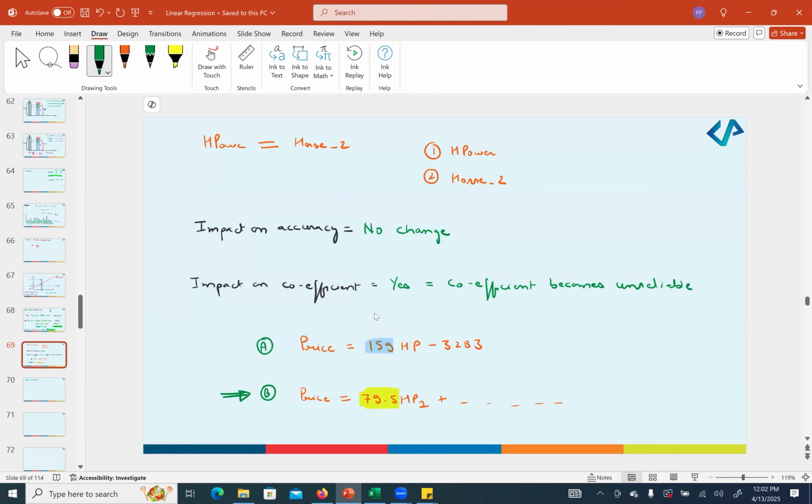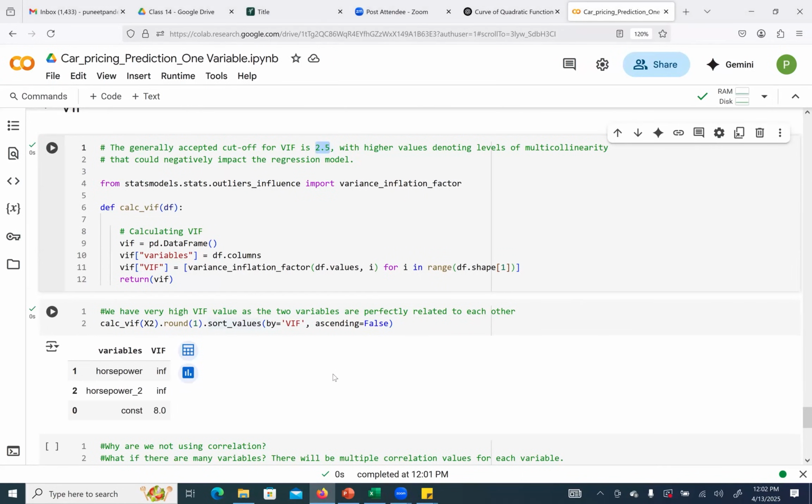Just a small question. So the VIF which we are getting, it is 8. So do we need to drop both the variables, or do we need to merge them?